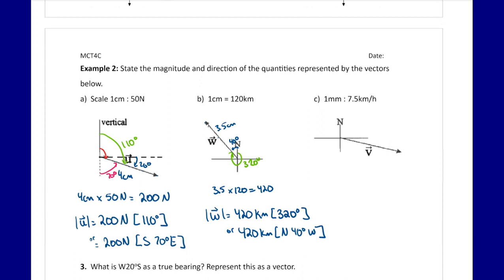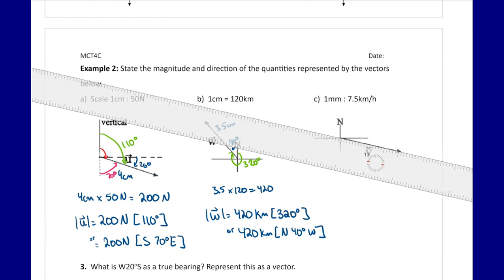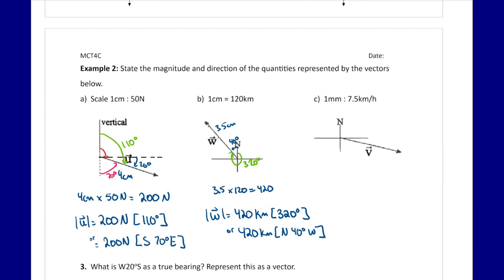Lastly, for C, again, I'm just going to roughly measure how long my vector is. We say we got 1, 2, 3, 4 and a bit. I'm going to say 4 just to make it nice and easy. 4 centimeters. If you're looking on your page, it might be a little bit different because I've zoomed in here, so obviously it looks a little bit larger.